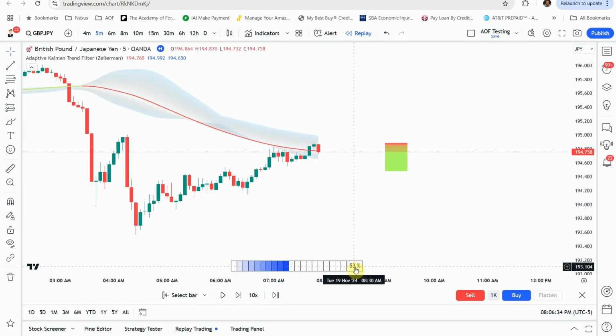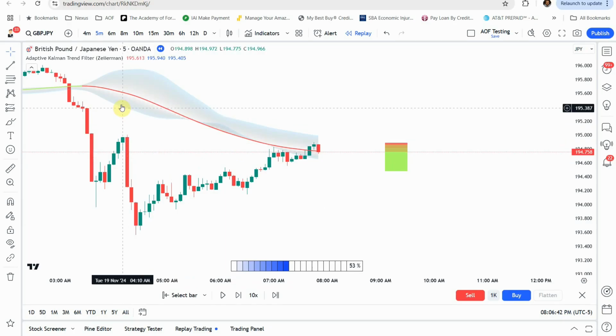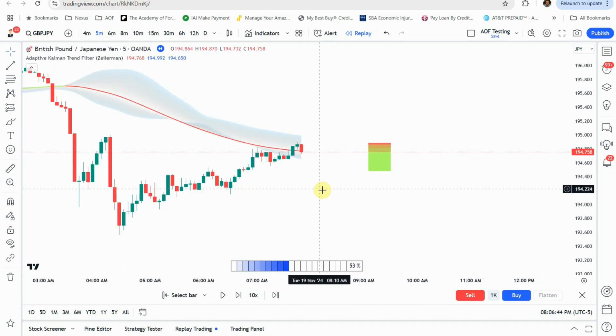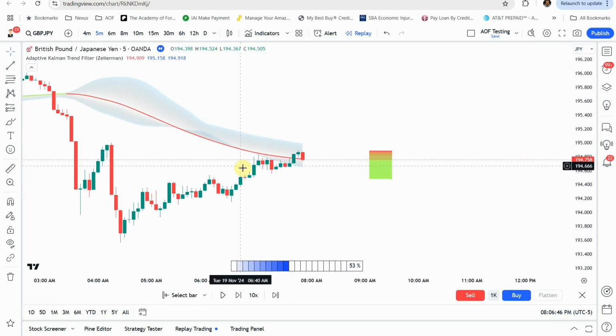And when it does, you're looking for this meter right here to be at 80% or above, indicating that the overall trend is an 80% likelihood of the trend continuing, or the trend strength at 80%, something along those lines.